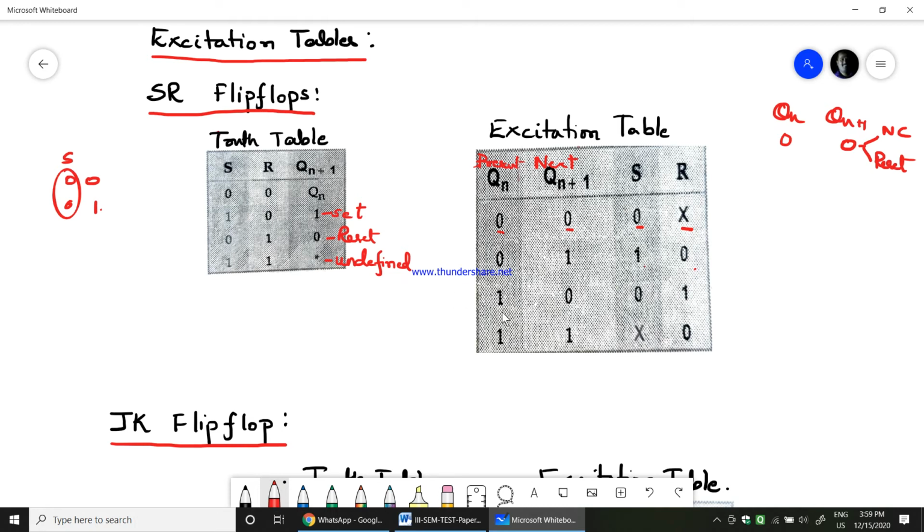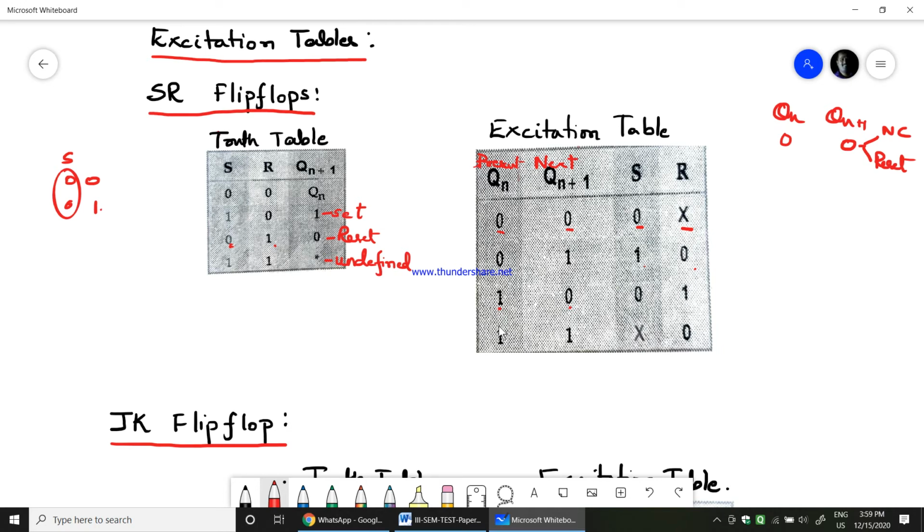The third entry is when the present state is 1 and the next state is 0. This can again happen with only one condition, where S and R is 0 1. When S is 0 and R is 1, the reset state comes, which is 0.